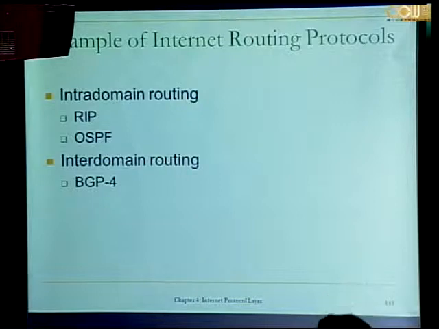For intra-domain routing, if you pick RIP, then you are running the Bellman-Ford algorithm. If you pick OSPF, it runs the Dijkstra algorithm. Because within a domain the number of routers is not too many, you either pick Dijkstra or Bellman-Ford.